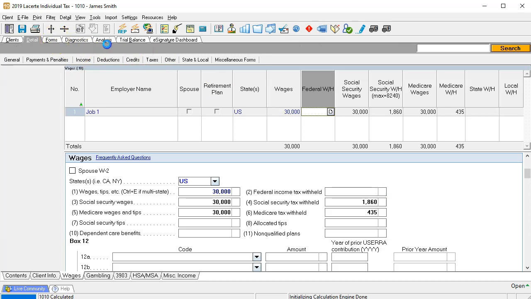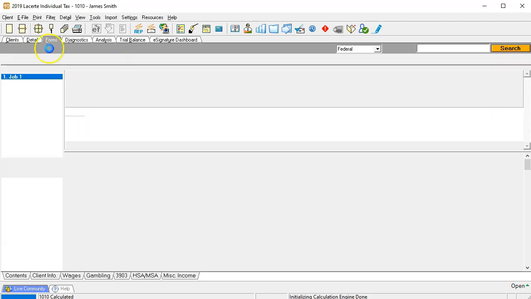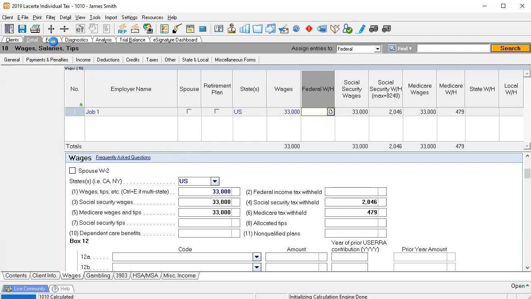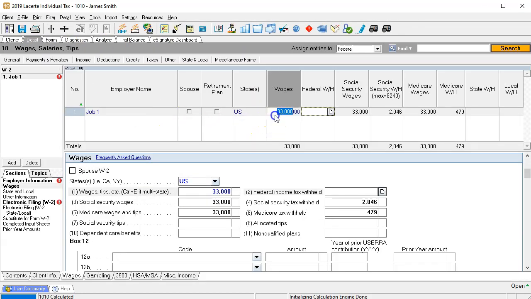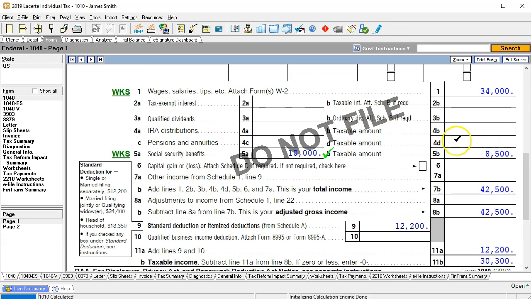That's now the 5,350, so we're over 50% of the 10,000. Let's put it at 33,000, and that brings us up to the 7,900. And then if we bring it to, of course, the 34,000 and go back over, that's going to bring us up to the 85%.